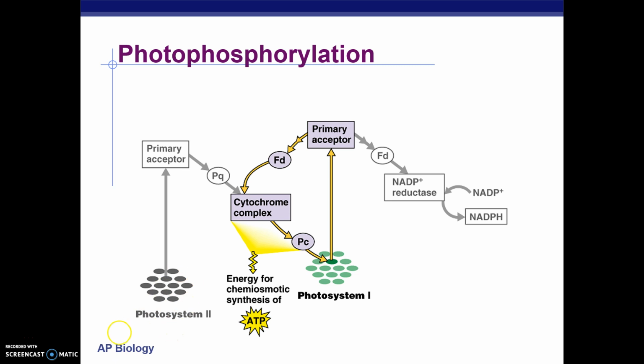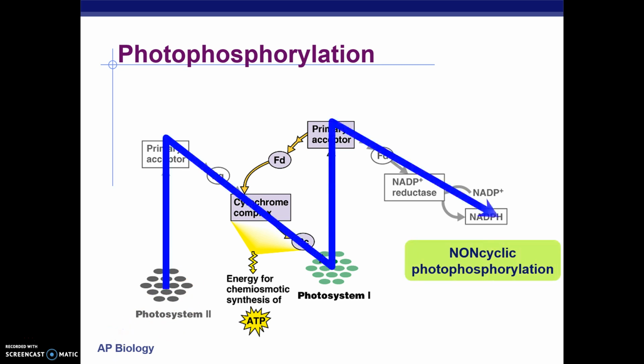In the first type, which is non-cyclic, we see the electron from water, by the splitting of the water molecule, goes all the way to photosystem 2 and then through the electron transport chain to photosystem 1 and then finally ends up in NADPH.